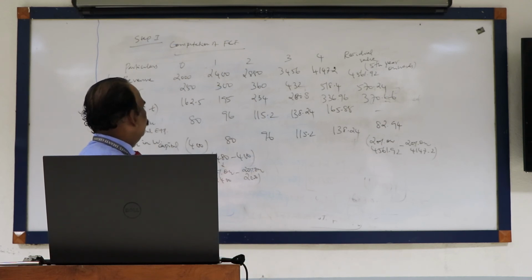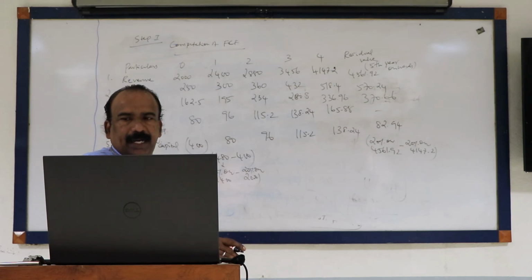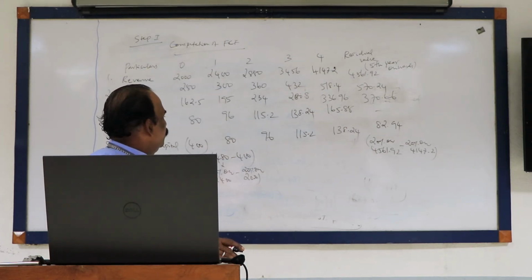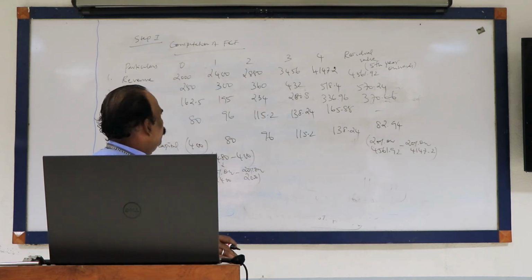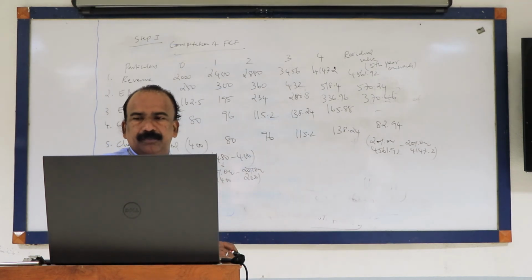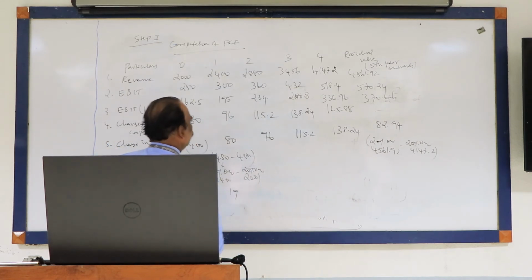How much comes? 195 minus 176. It is 19, correct? Yes, sir. The first year is 19.